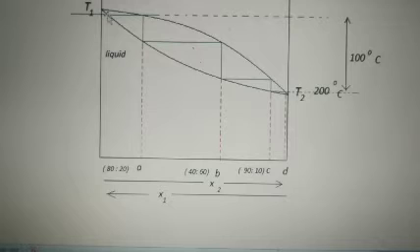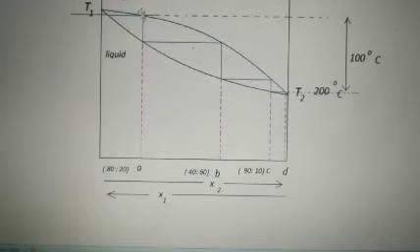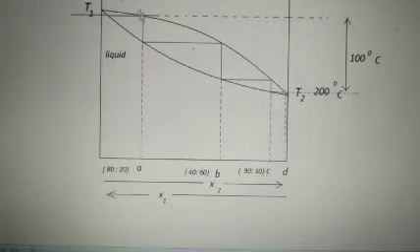When I boil it, what will the vapors contain? The line is cutting the vapors at this point.